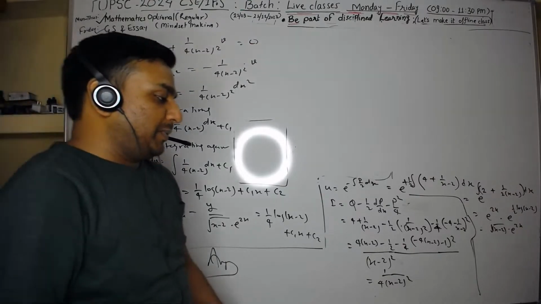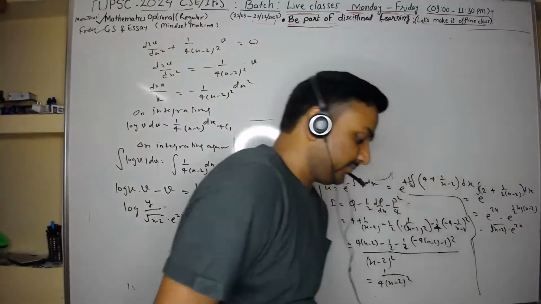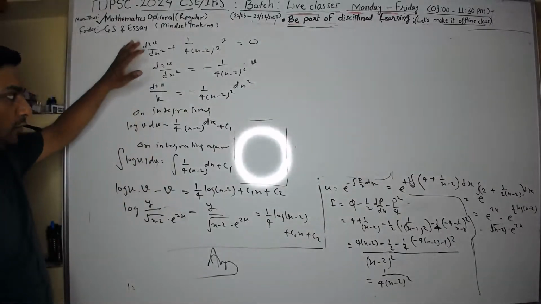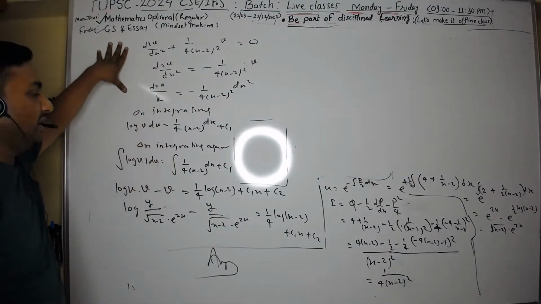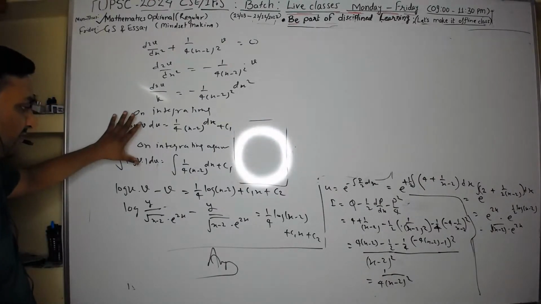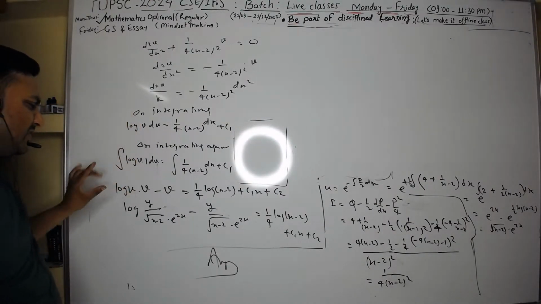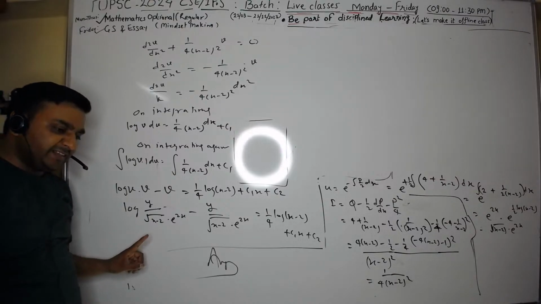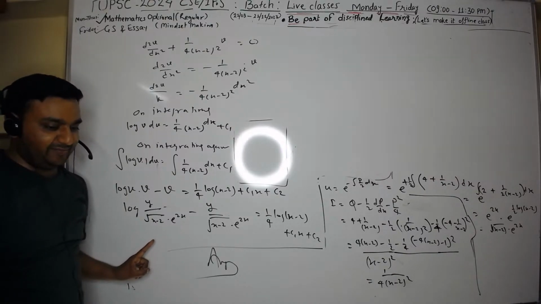If anyone has any doubt, please do let me know. Note it down, please. Please don't panic, don't lose your patience at the time of integrations. Be calm. Just don't forget to replace by your original variables.